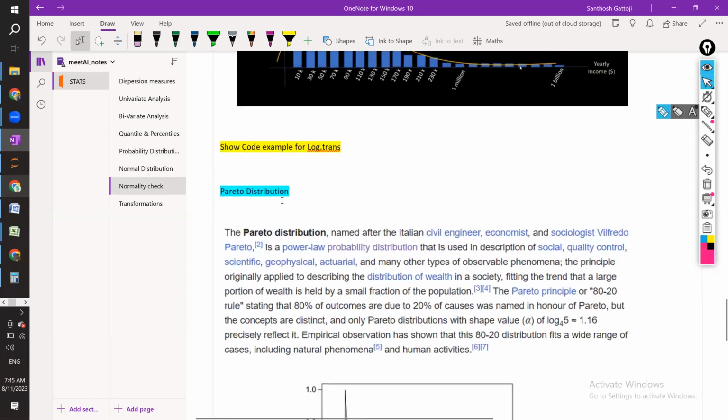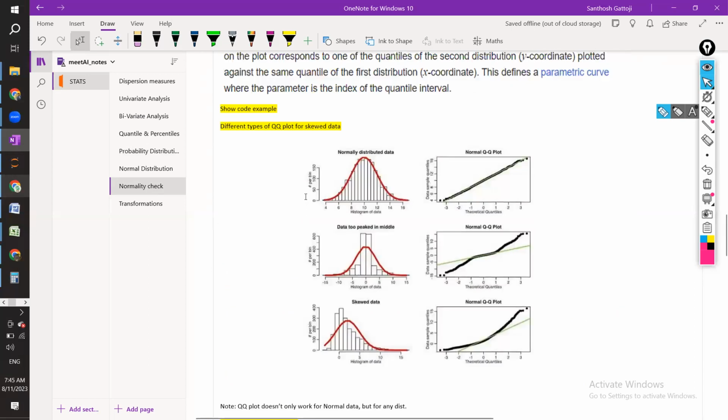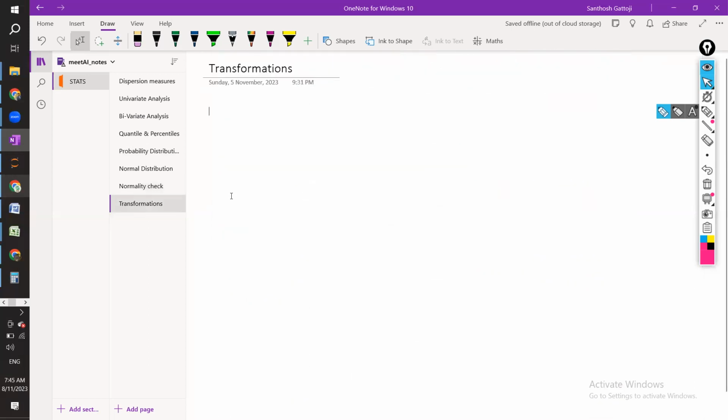Then we are going to see another distribution called Pareto distribution, and a few other distributions. Post that we are going to study a concept: if it is not normal, how can we transform it into a normal distribution. We'll study that in the coming class.